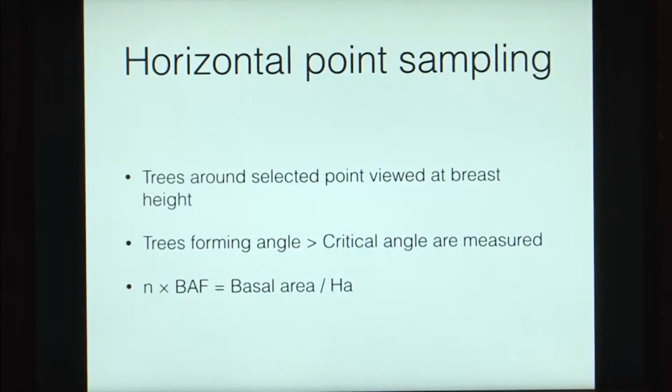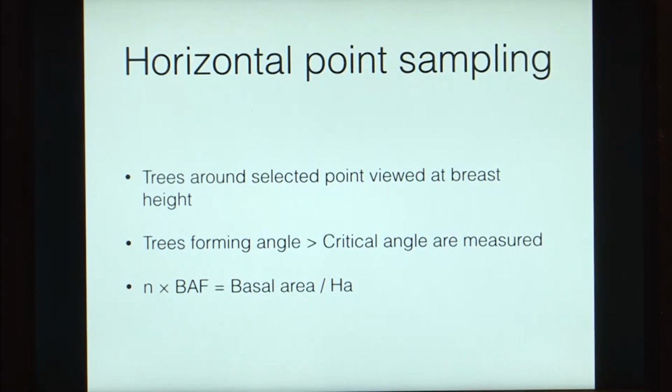So, in the case of horizontal point sampling, we look at trees around the selected point viewed at the breast height. So, why breast height? Because we have taken that to be our reference height. So, when we stand in the forest and look at different trees at their breast height, all the trees that are forming an angle that is greater than the critical angle will be measured or will be counted.